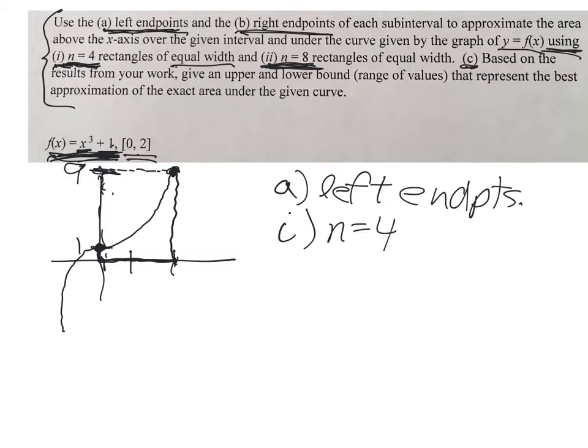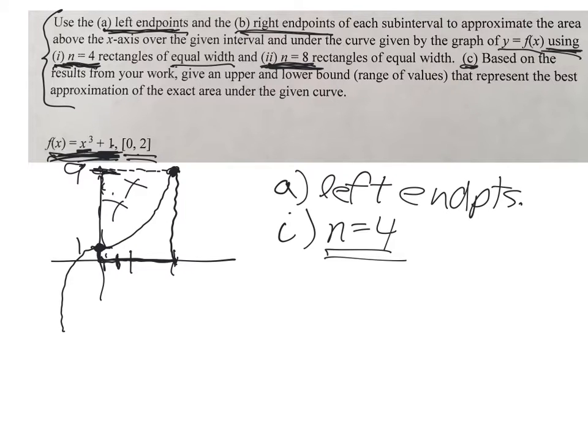That's not a very good approximation. We're counting all of this area up here as well. But going to 4 rectangles rather than just one, we can start to get a little more accuracy.